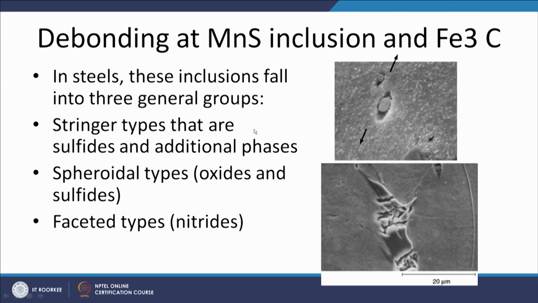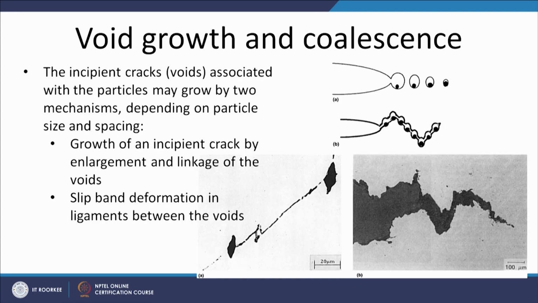So, there are three situations: a stringer type, that is sulfides and other phases; a spheroidal type of inclusions of oxides and sulfides; and faceted particles in the form of nitrides. Wherever the second phase particles are present, these will act as sites for nucleation of voids, and subsequently their growth will facilitate the dimple fracture.